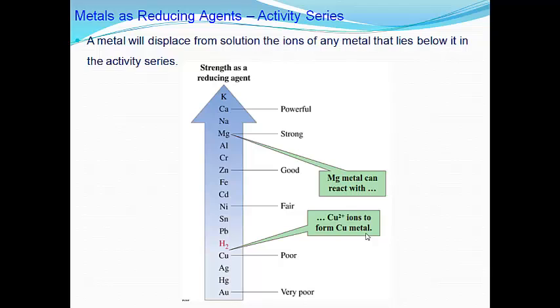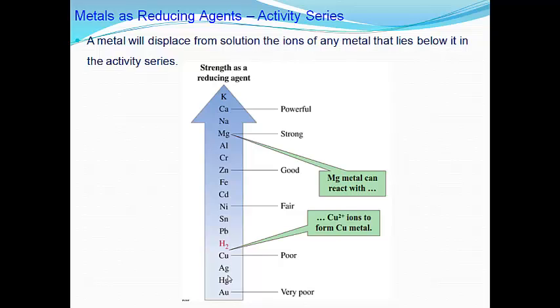Now, there's a series called the reactivity series that ranks metals based on their strength as a reducing agent. And this activity series allows us to determine the likely outcome when we have a metal in a solution of another metal ion.